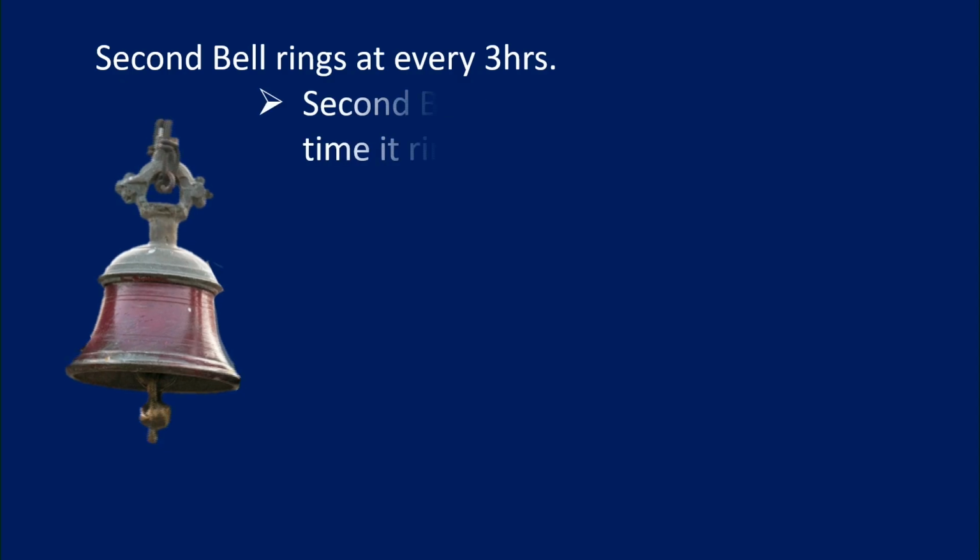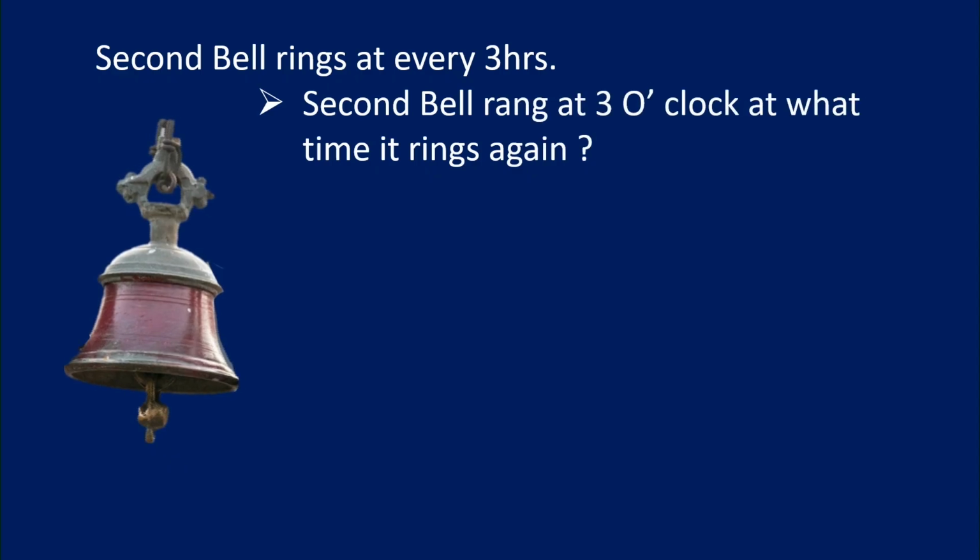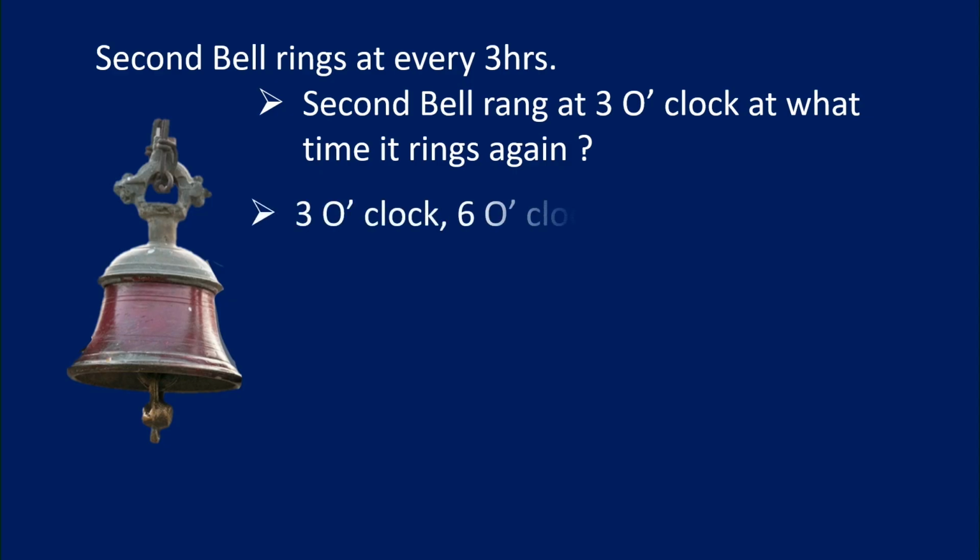Now see this second bell. The second bell rings at every 3 hours interval. So it is ringing at 3 o'clock. Then at what time does it ring again? Continuously 3 o'clock, 6 o'clock, again it rings at 9 o'clock.